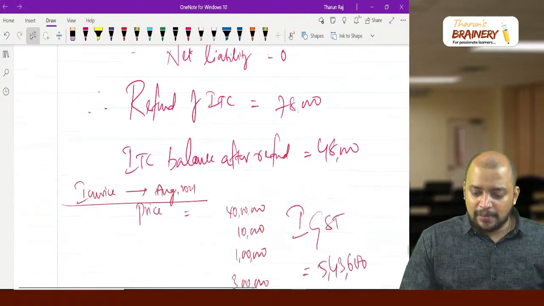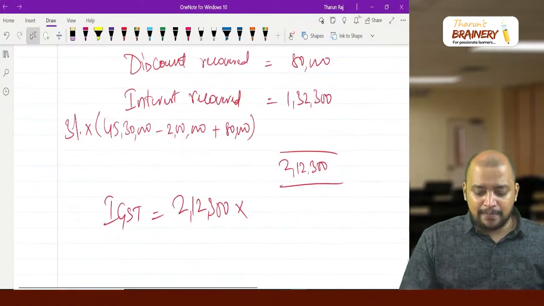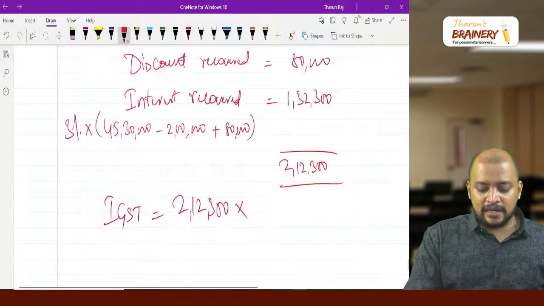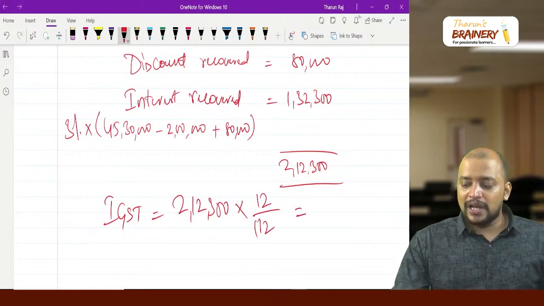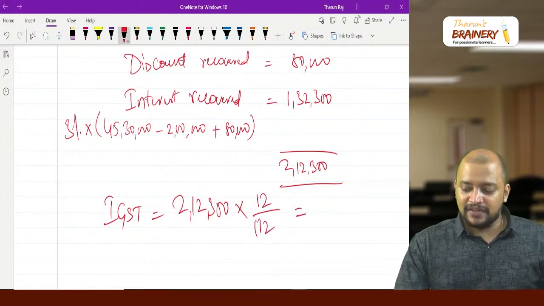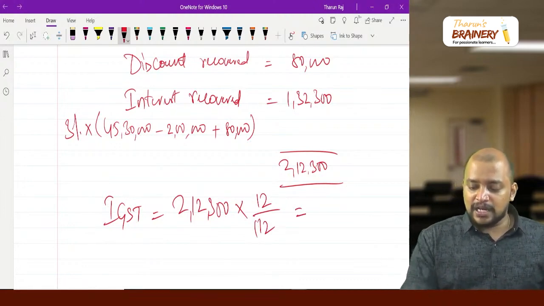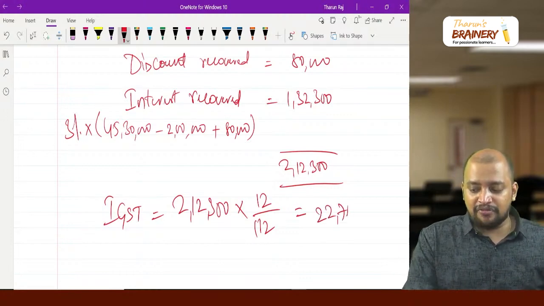The rate applicable to the product, bottle cap making machine, is 12%. So we need to take 12 divided by 112. So 2,12,300 into 12 divided by 112 will come to 22,746.